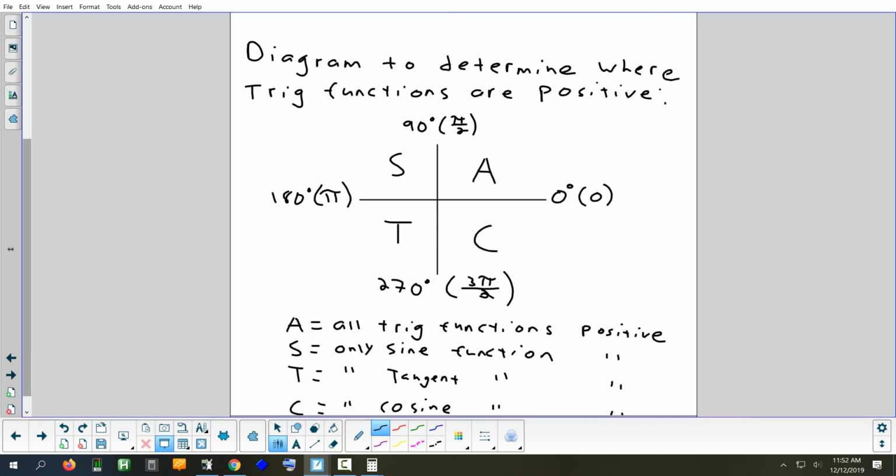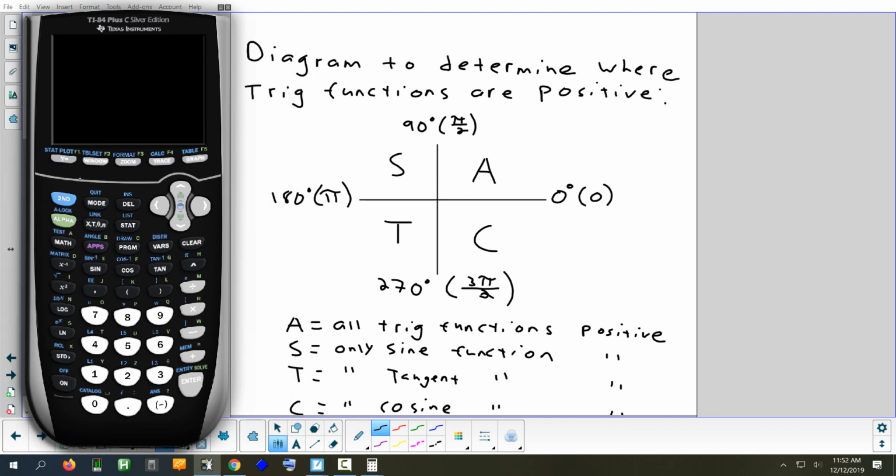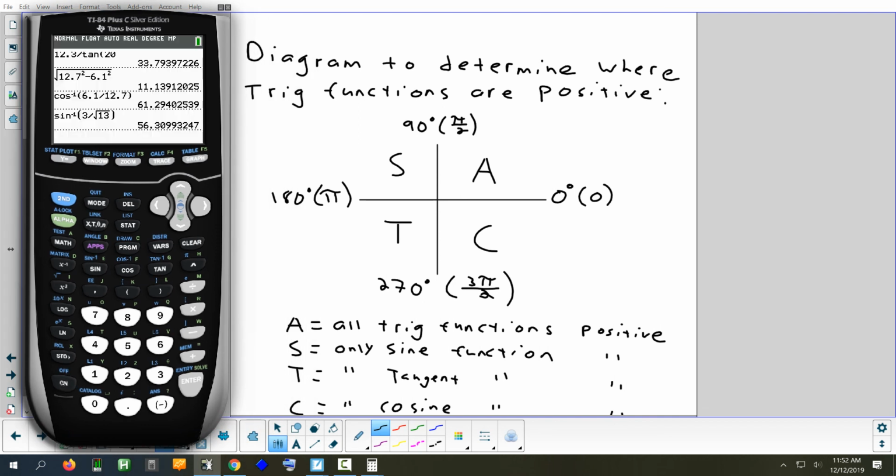If you gave me an angle in quadrant 2, somewhere between 90 and 180, I could tell you that cosine of it will always be negative. Okay? We can try it. Pick any number between 90 and 180. 172. Cosine is negative.